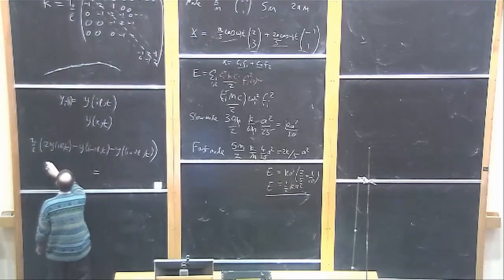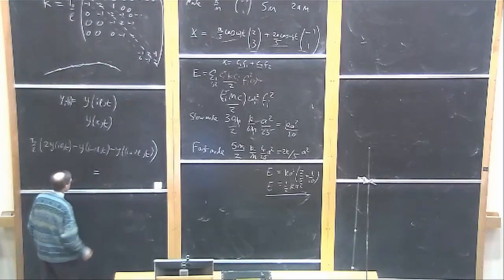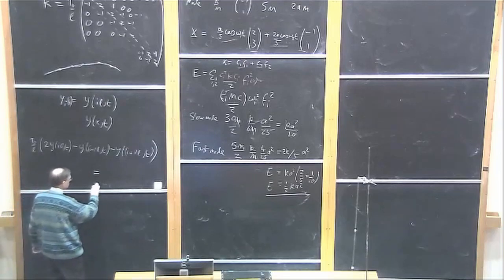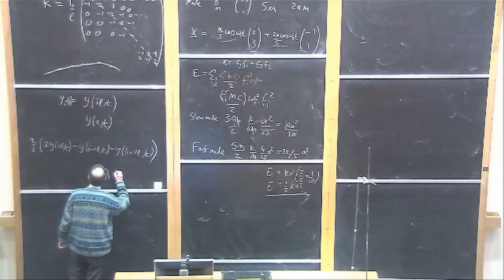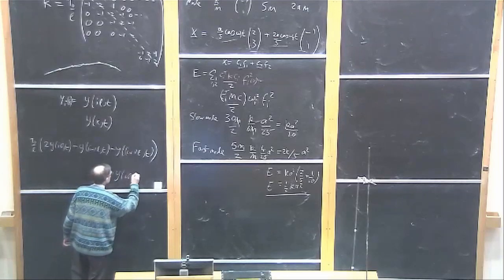So that's the action of K on the vector y, and on the other side we're going to have the eigenvalue times y of iL t.